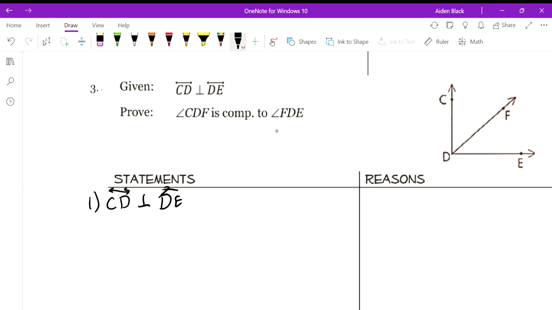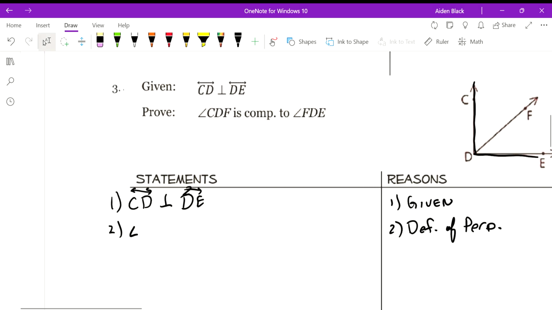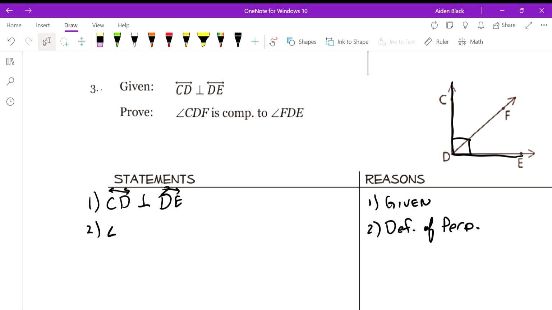So, after writing down my givens, I can use the definition of perpendicular to say that angle, we should know it's angle CDE, that's a right angle.